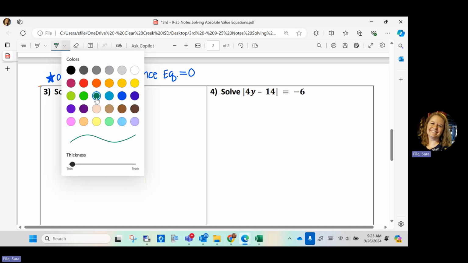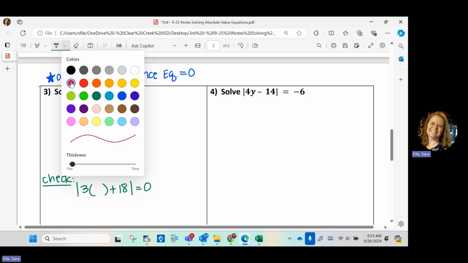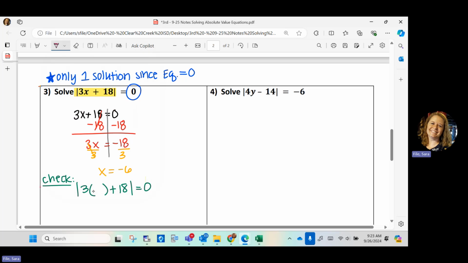Now I do want to check my solution works. So I've got the absolute value of 3 times something plus 18, and it should come out to equal 0. So we think the answer comes out to -6. We're going to plug -6 in and see.